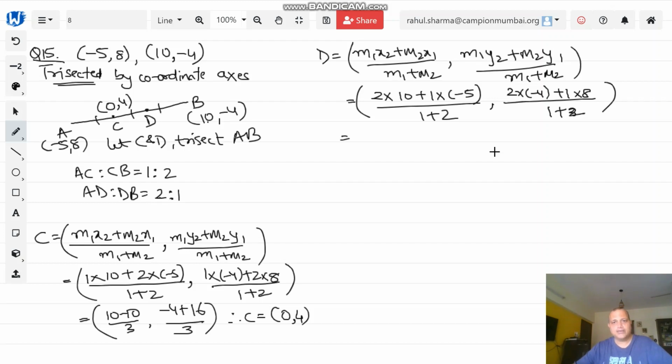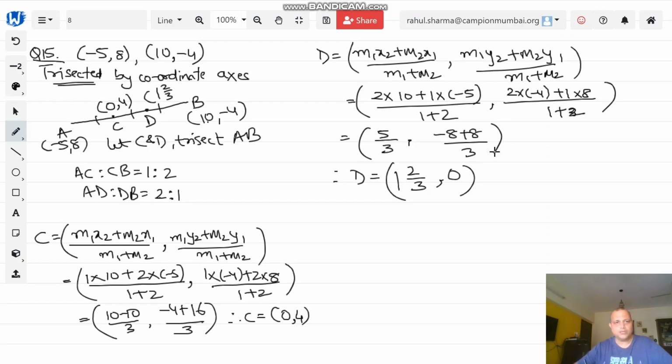This is 10 minus 5, that's 5 upon 3, and this is negative 8 plus 8 upon 3. Therefore, D is equal to (1 2/3, 0). So D is (1 2/3, 0). So therefore, C lies on y-axis and D lies on x-axis.